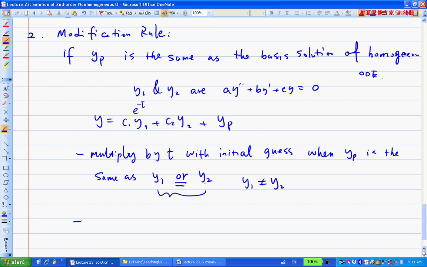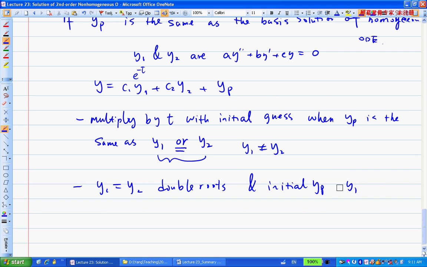So basically, in that particular case, if y1 equals y2, so you have a double root, and the initial yp is the same form as y1, then in this case, your modification to your initial guess is to multiply by what? t squared.